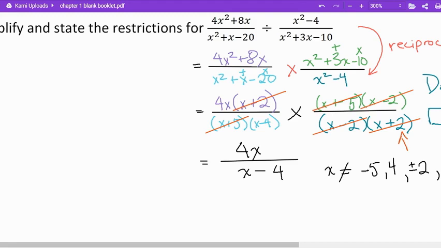It used to be here, right? So do you have to restrict it? Yes. Because at some point in its lifetime, it was in the denominator. So even though we took the reciprocal, what that means is you actually have to restrict both numerator and denominator when you are dividing rational expressions.